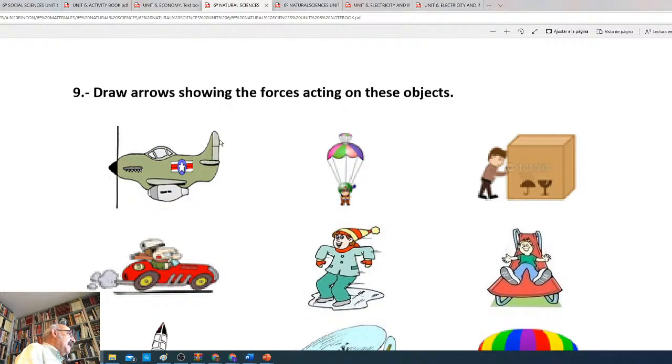In this plane, several forces are acting. One of them, always, is the force of gravity. The force of gravity is represented with an arrow in this direction, from up to down. But this plane isn't falling down.